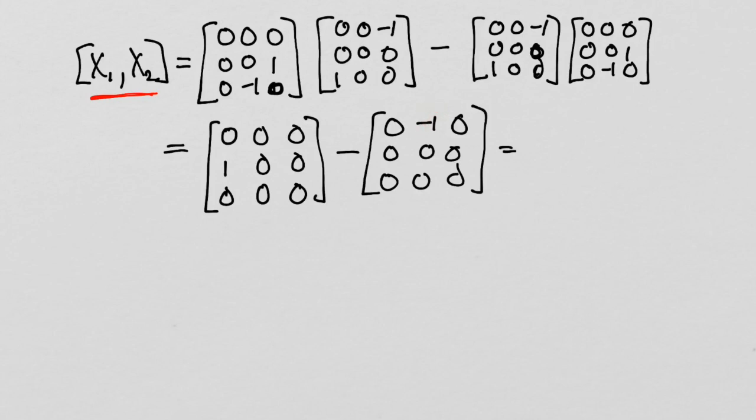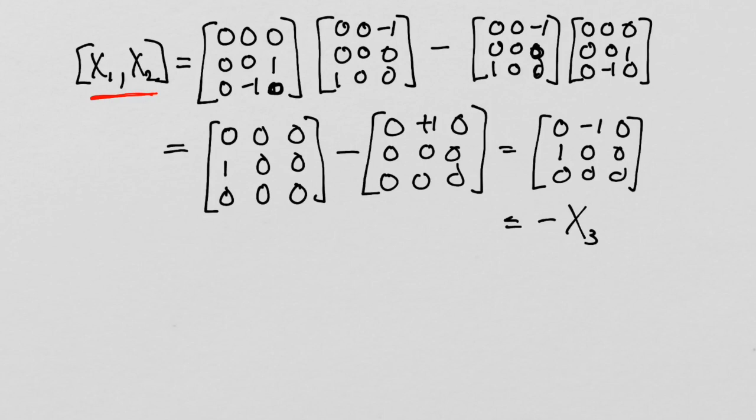This element here is this row times this column. That's minus 1 times minus 1, so this is actually a positive one, right? So this is going to be 0, -1, 0, 1, 0, 0, 0, 0, 0, which equals minus x3. So right off the bat, we have the bracket of x1 and x2 equals minus x3.